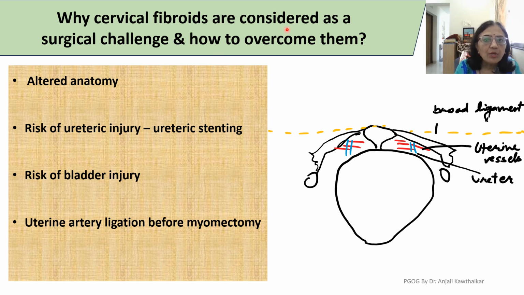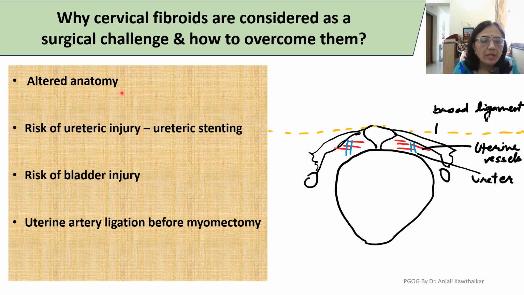Why cervical fibroids are considered as a surgical challenge and how to overcome it? The challenges are it leads to altered anatomy. Pelvic anatomy completely changes so that the ureters and uterine vessels are all in proximity to the adnexa, in proximity to the upper border of the broad ligament.